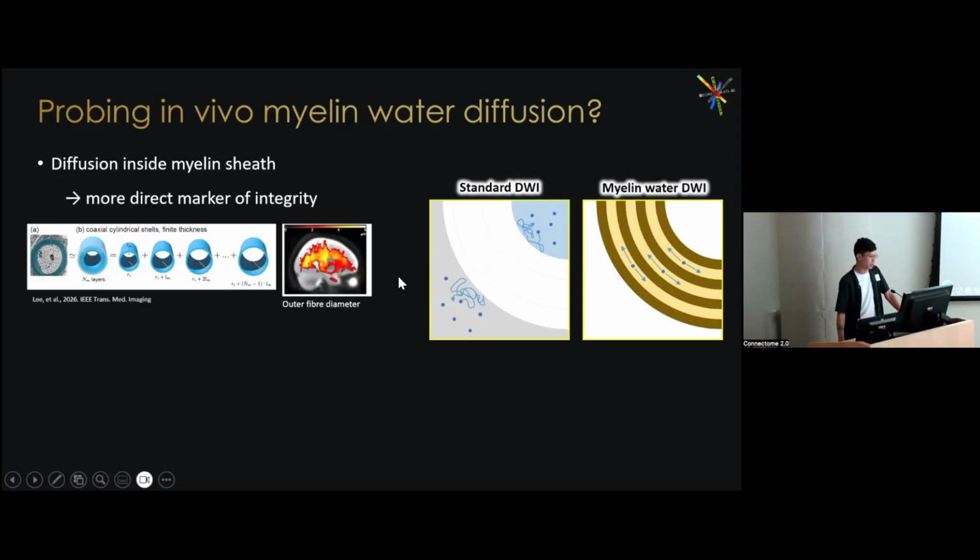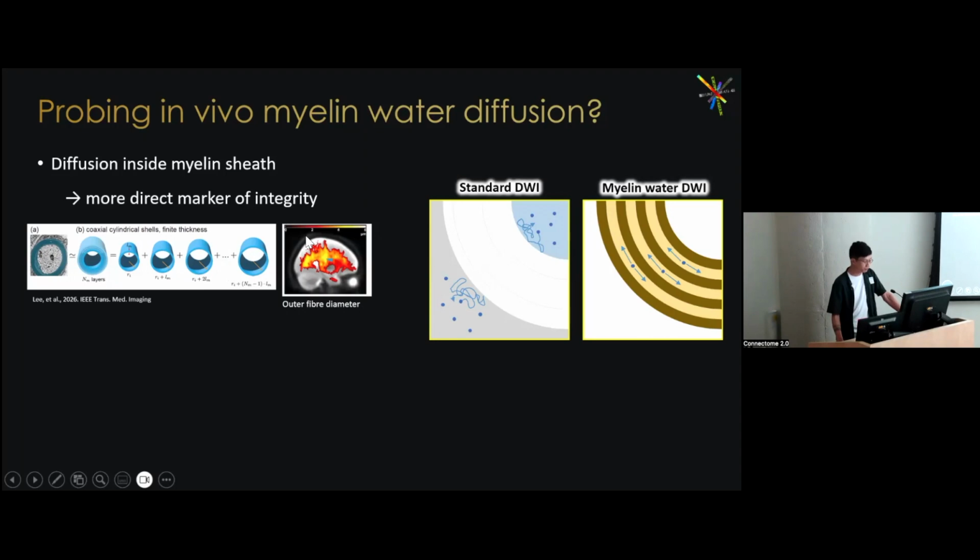Recently, Hongxi and I have proposed a theoretical framework on measuring the outer axon diameter, if we can measure the diffusion inside the myelin shields, which might also provide an estimate of a marker of the outer fiber diameter.